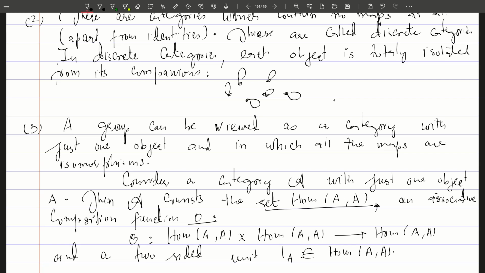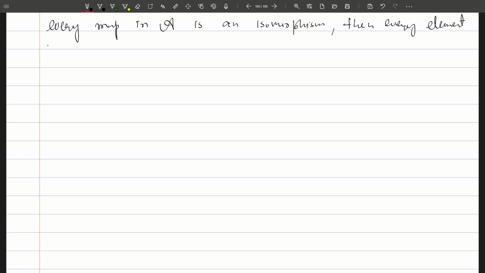Since every map in the category A is an isomorphism, every element of home AA has an inverse with respect to this composition function O. And this makes home AA into a group.